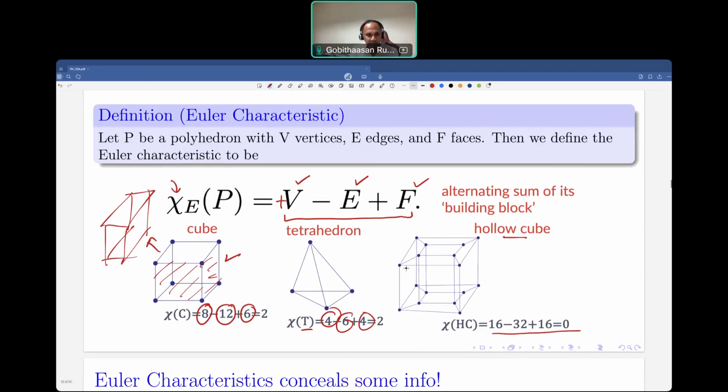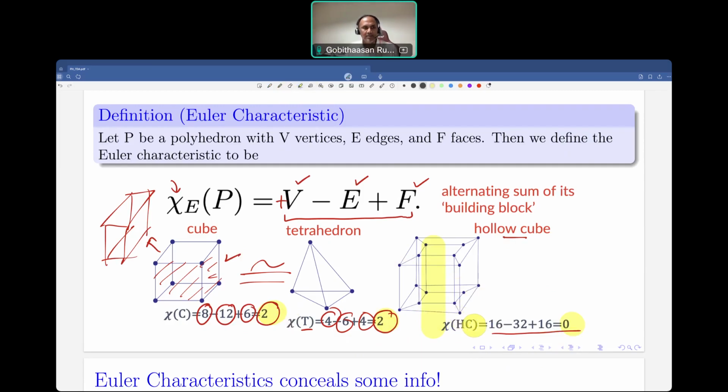If you compare these two, the tetrahedron and the cube, they are homeomorphic because the Euler characteristic is the same. The Euler characteristic is 2 for a cube and also 2 for a tetrahedron. Whereas the Euler characteristic for a hollow cube is 0, because obviously there's a hole in between which passes through. In fact, it looks somewhat similar to a donut.